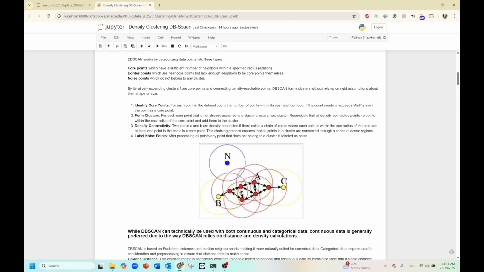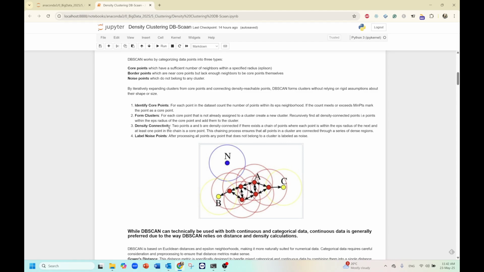So this is the essence: core points expand the cluster. A core point satisfies the following: the minimum number of points within the epsilon neighborhood is satisfied, and if the count meets or exceeds this count, then this point will be a core point. So this is how we form a cluster.